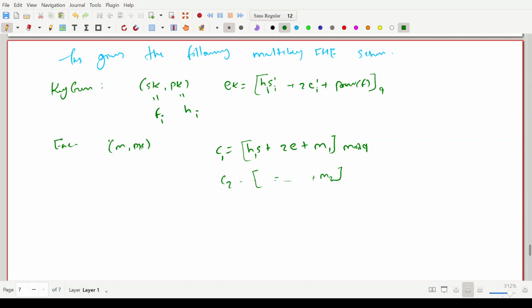Each party will be encrypting with their plain text, with their public key, correct? And decryption, as I told you, we require all the secret keys. So suppose I am having this ciphertext. What do I have to do?